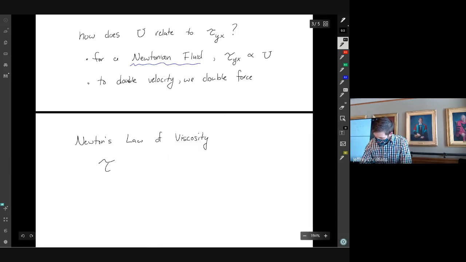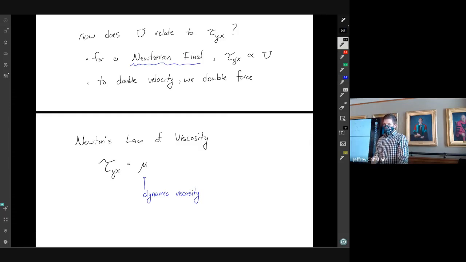So tau yx is equal to the viscosity, which we're going to give the variable mu. This is what we call the dynamic viscosity.